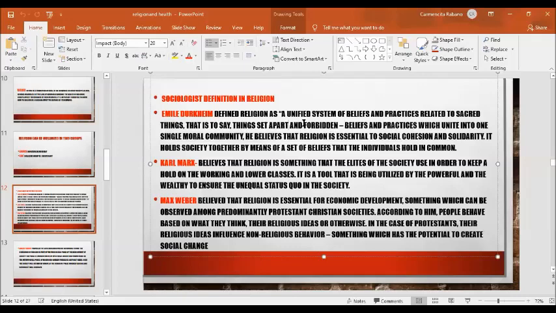And then si Karl Marx naman daw believes that religion is something that the elites of the society use in order to keep a hold on the working and lower classes. Si Karl Marx naman daw, naniniwala siya na yung mga religion lang daw yan, ginagamit lang daw yan para yung mga elite sa society natin, mapangibabawan lang nila yung mga lower class, yung mga mahihirap.